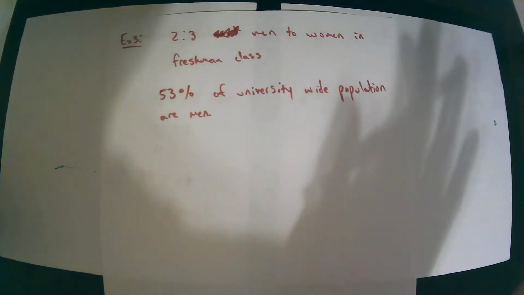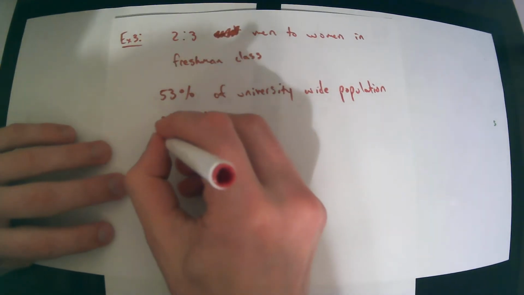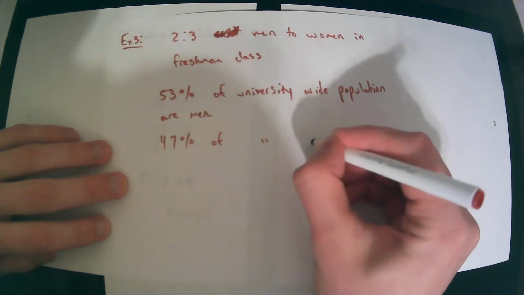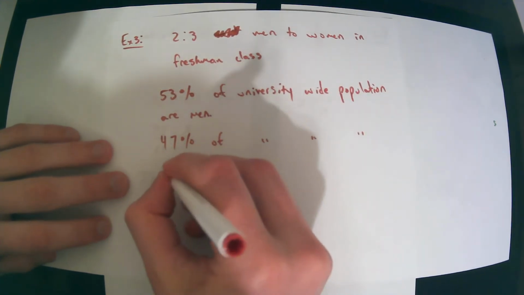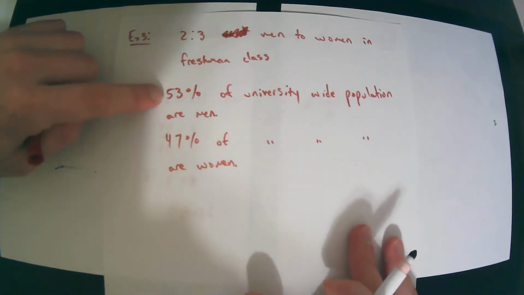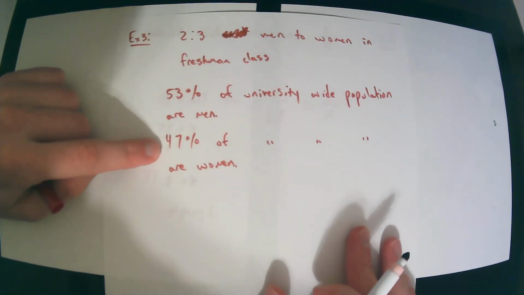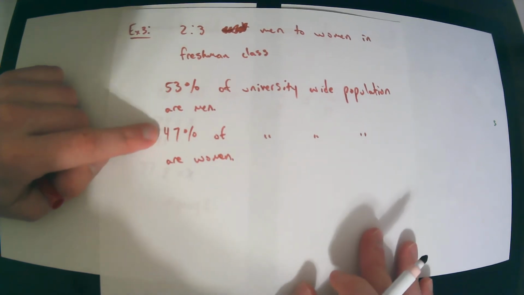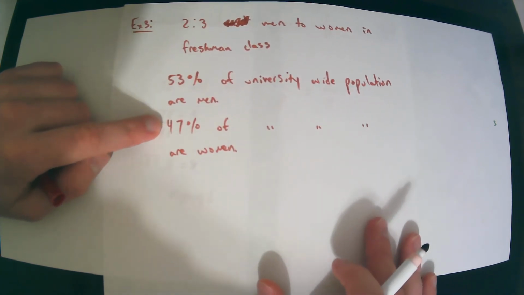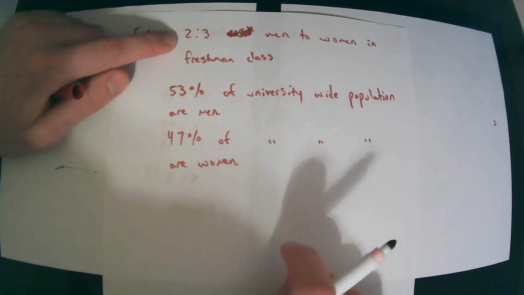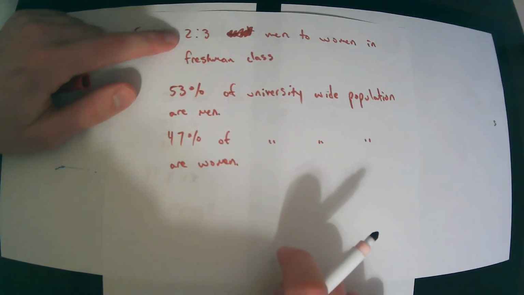So first of all, maybe the easiest thing to say is 47% of the university-wide population are women, right? Because if 53% are men, then the other, to make up the rest of the 100%, assuming there's only two genders, would be 47%. Now, for this ratio 2 to 3, we want it as a percentage, but not necessarily just 2 to 3.